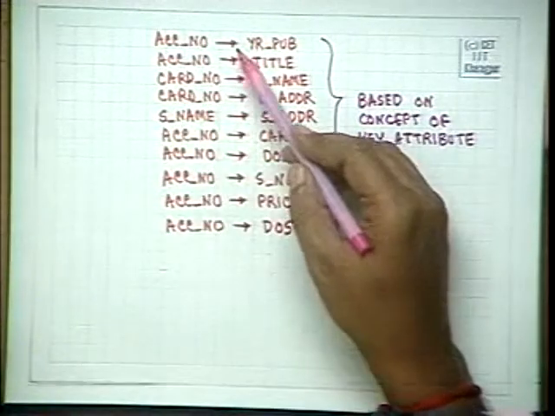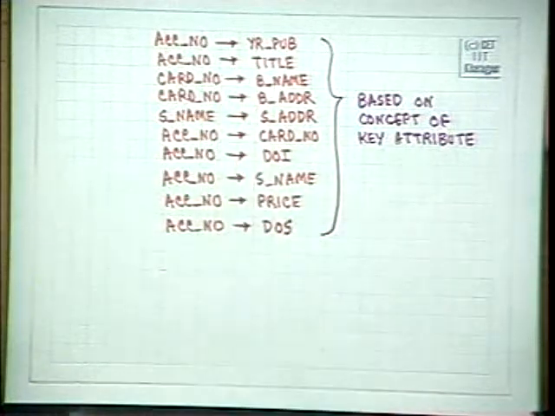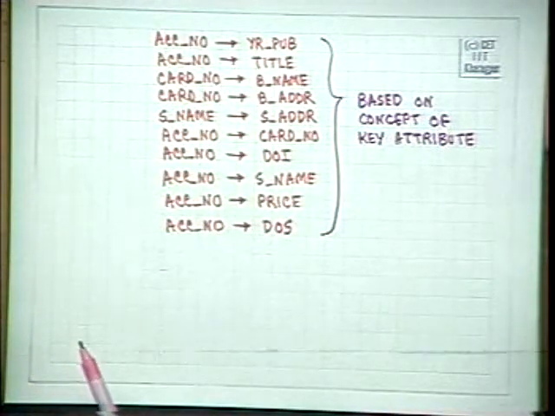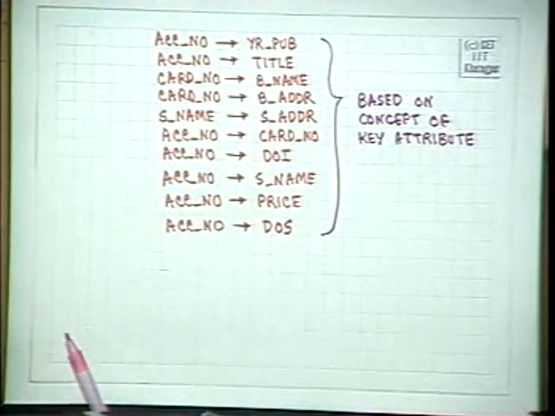So, based on the idea of a key attribute, we can specify what are called functional dependencies. But that is not all. Functional dependencies can be used to a further extent.